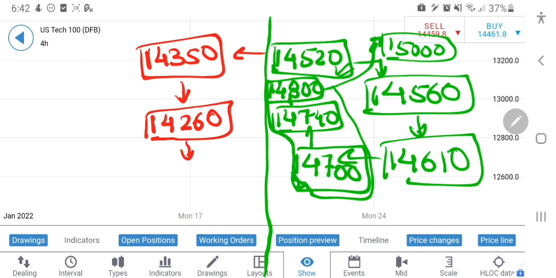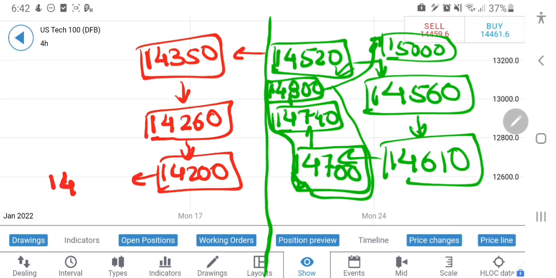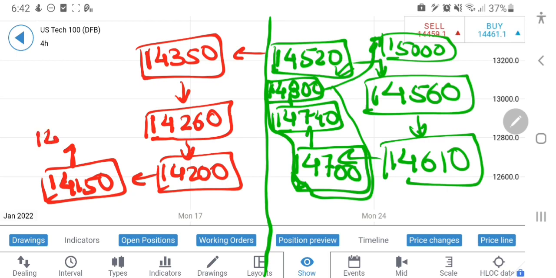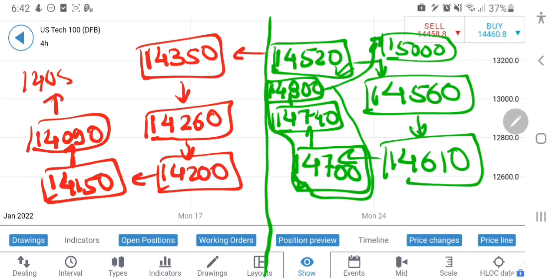Then it will drop to 14,200, 14,150, 14,090, and then 14,050. Once it breaks 14,050, probably it will break strongly towards 13,900.